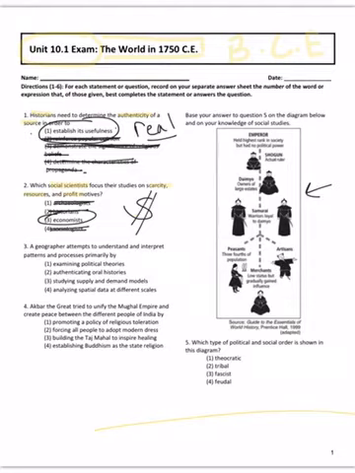Okay, number three. A geographer attempts to understand and interpret patterns and processes primarily by. Just like when you see economist, you're looking for money, geographer is land. So we're looking for something about land. Examining political theories?